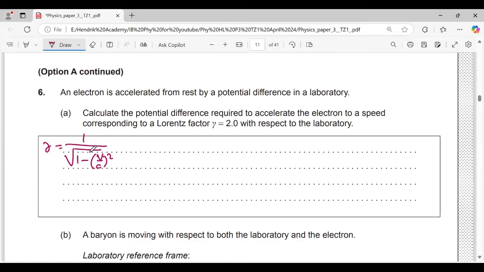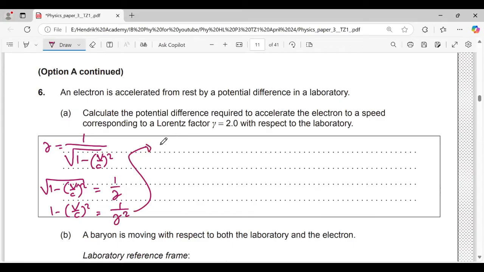Now we are going to rearrange this formula, with v as the subject. I'm going to arrange it as square root of 1 minus v squared over c squared equals 1 over gamma. So 1 minus v squared over c squared equals 1 over gamma squared.